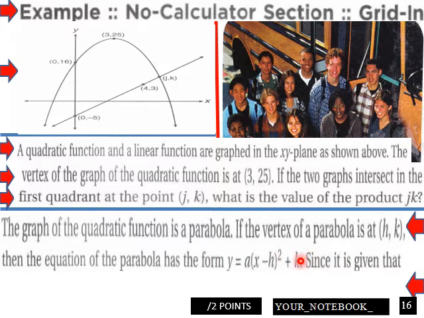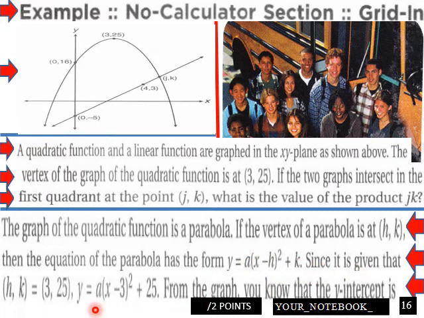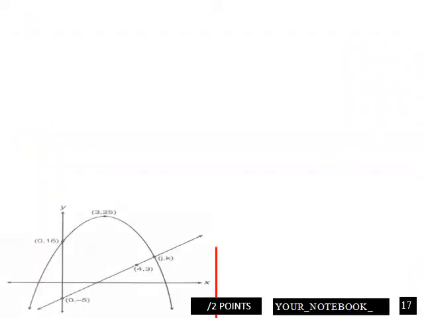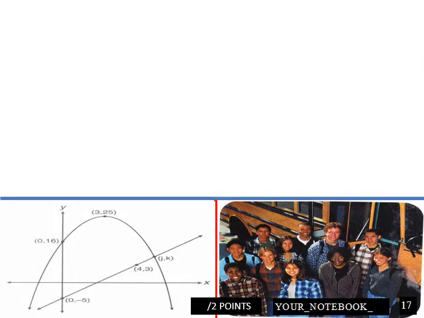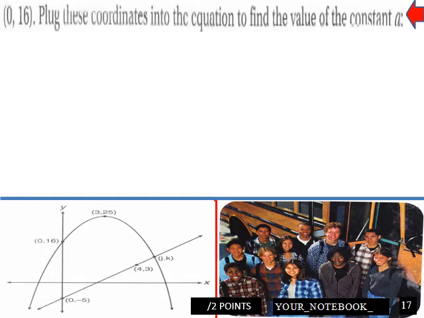The graph of the quadratic function is a parabola. If the vertex of the parabola is at (h, k), then the equation of the parabola has the form y equals a times x minus h squared plus k. Since it is given that (h, k) is (3, 25), we can plug in here. From the graph, you know that the y-intercept is (0, 16), up here for the parabola.